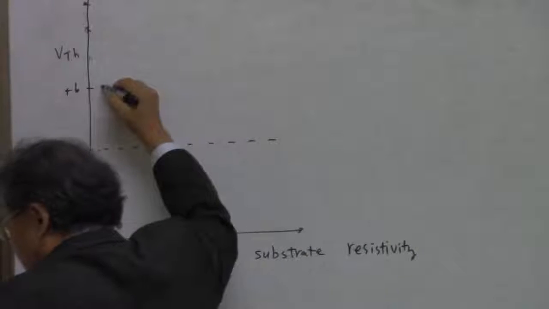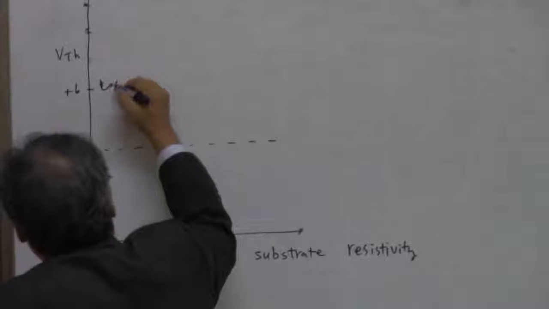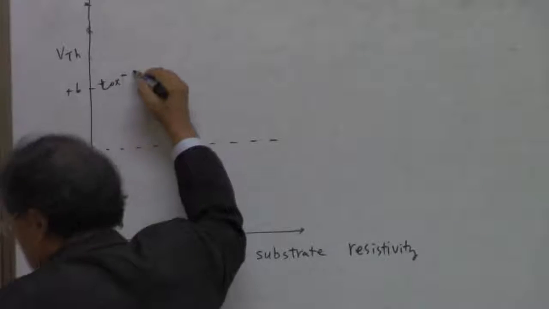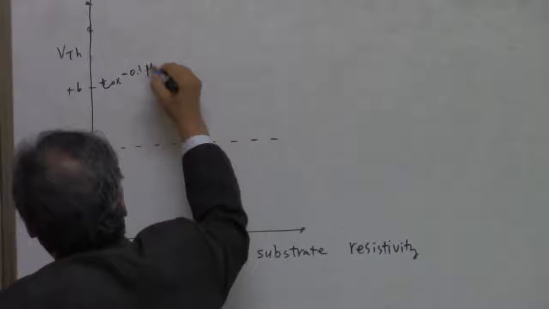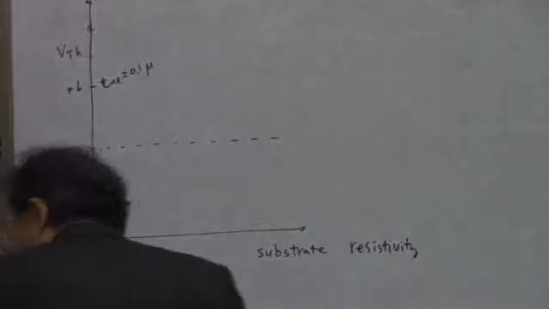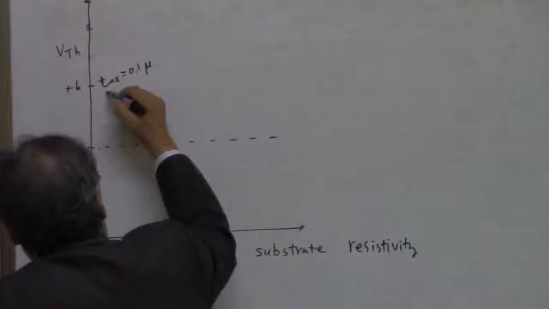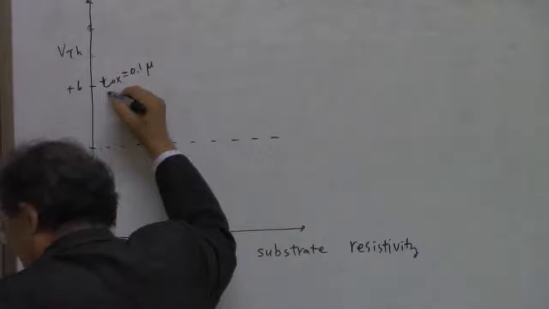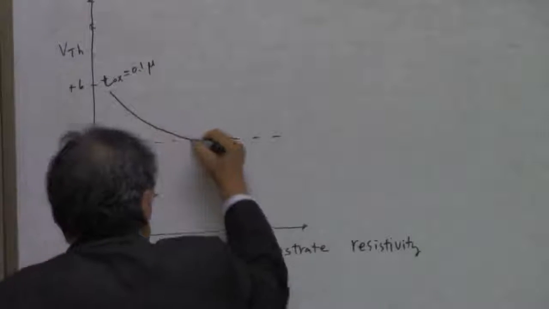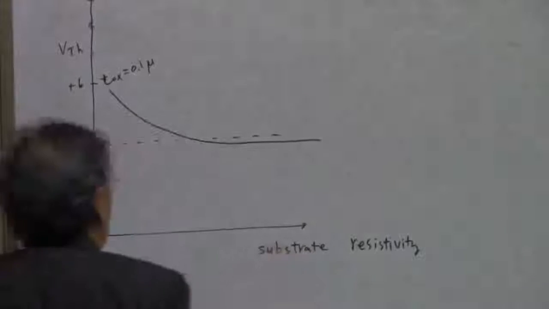If the oxide thickness is about 0.1 micron, it's 1,000 angstrom, then the threshold voltage is going to change something like this.